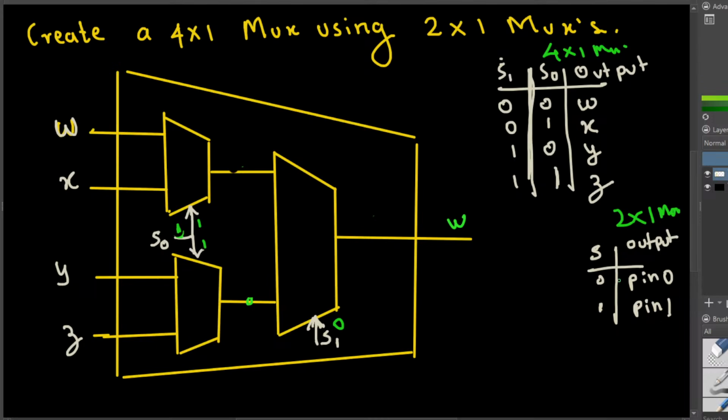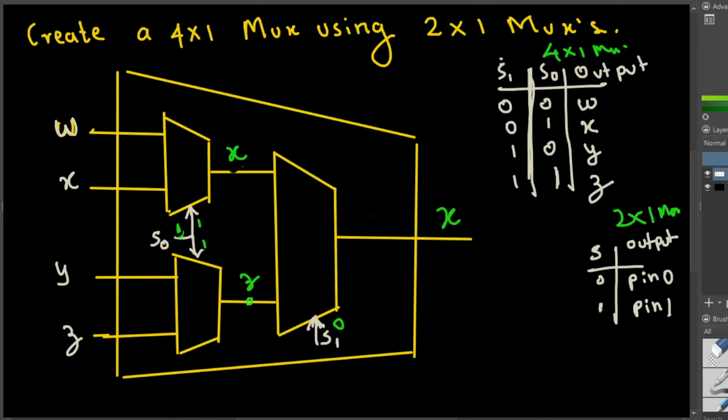The output for the 2 by 1 mux is whatever the variable is in pin 1. Here, what is pin 1 holding? X. So X is going to be out. And then here, pin 1 is holding C. C is going to be out. And here, S1 is 0. If S is 0, the pin 0 value is going to be outputted. So here, we are going to get X. Is that the value we have for that? Yes.